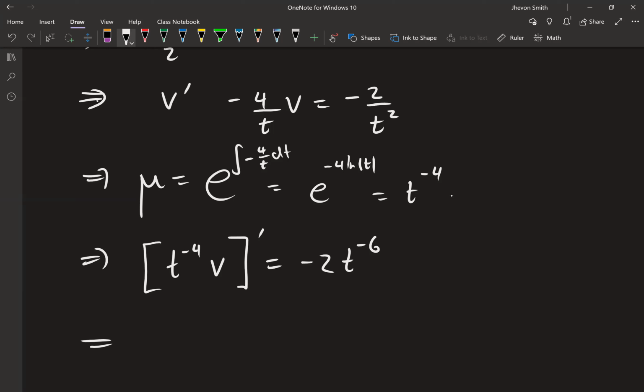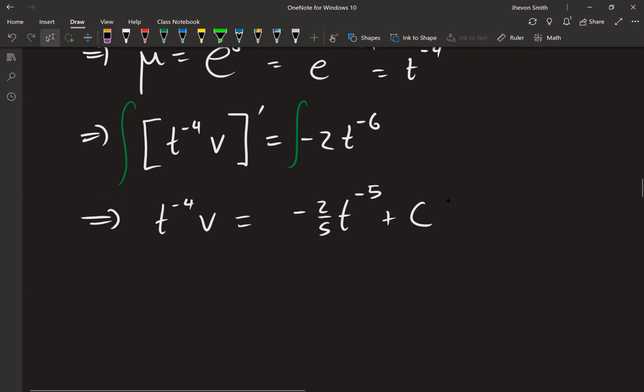Then I integrate both sides. This side is going to become t to the minus 4 v. That side is going to be, you add 1 to the power, divide by the new power, plus a constant.